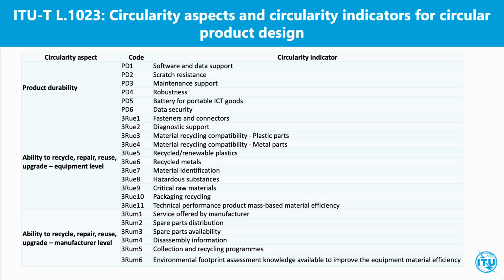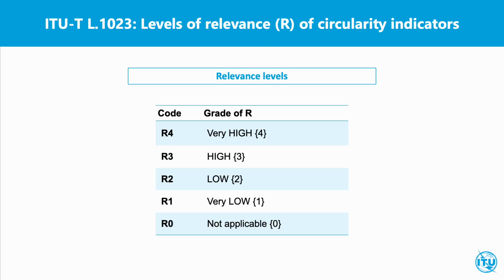At the equipment level, can users easily repair, reuse, or recycle it? 3. 3RUM. At the manufacturer level, does the company support repair services, spare parts, and collection programs? Each aspect focuses on a different stage of the product's life cycle. And together, they provide a comprehensive view of circularity in design and support.